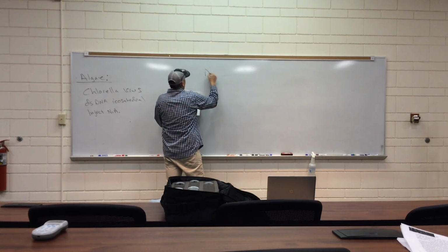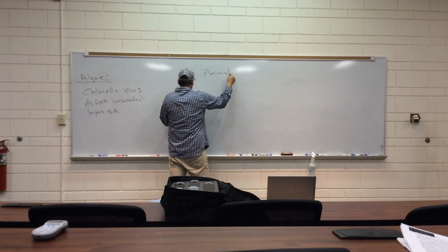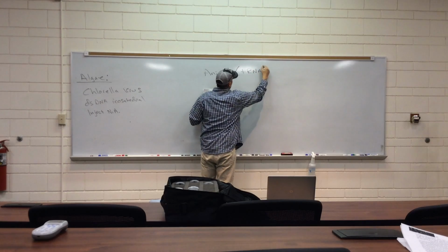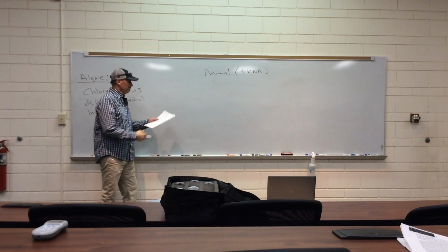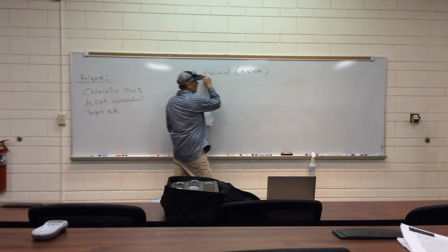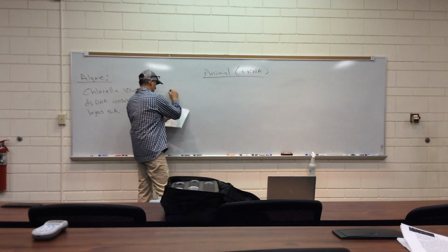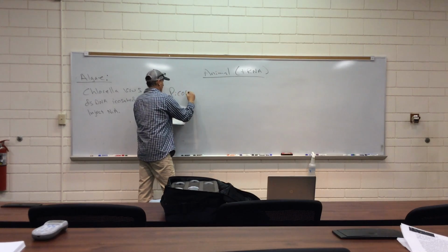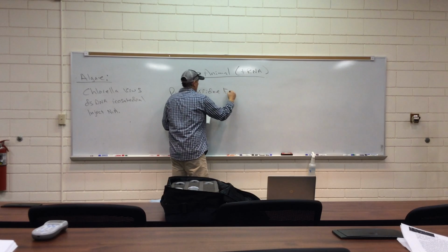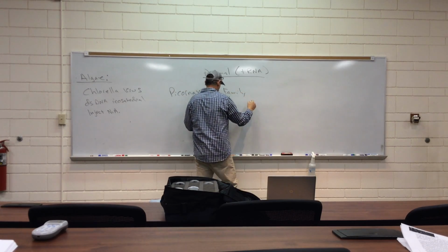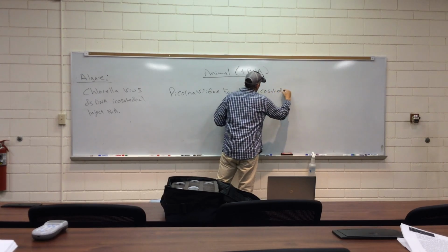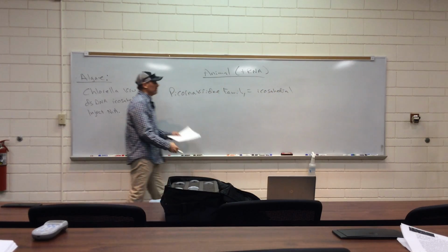Let's start with animal viruses that have a positive strand, single-stranded RNA genome. And one of my favorite families is the Picornaviridae family. Same thing, they have that icosahedral symmetry.